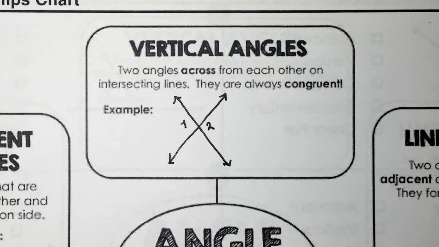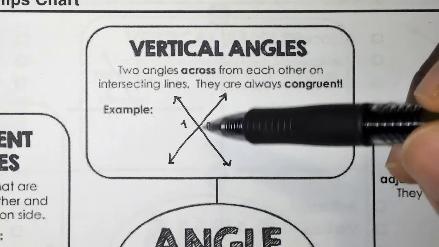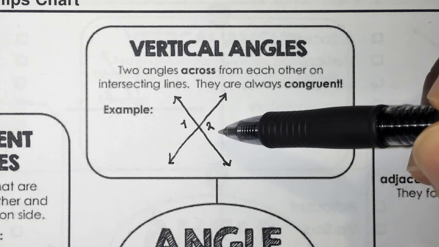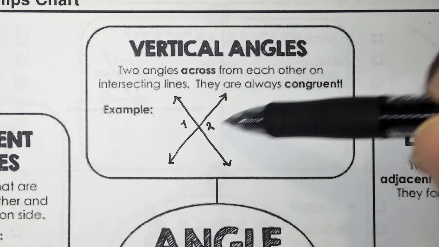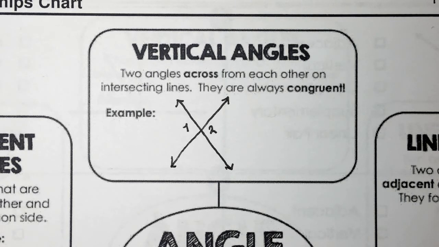These are the angles they're talking about that are vertical angles. You can kind of tell just by looking at it. The two angles across from each other on intersecting lines, and they're congruent. You can kind of see that from this one, that these two angles are congruent.